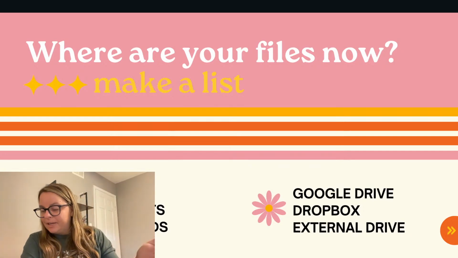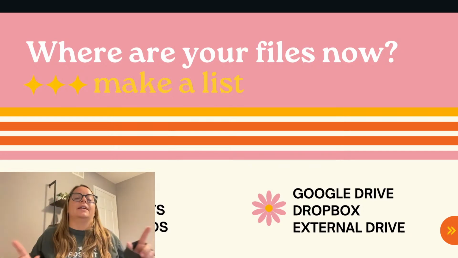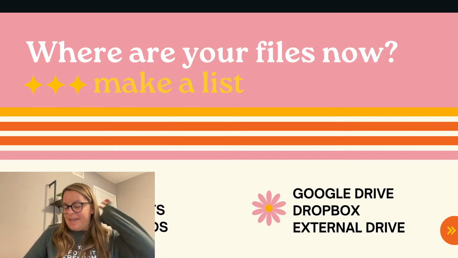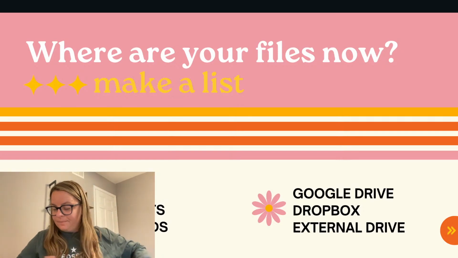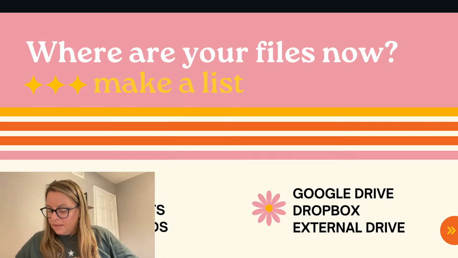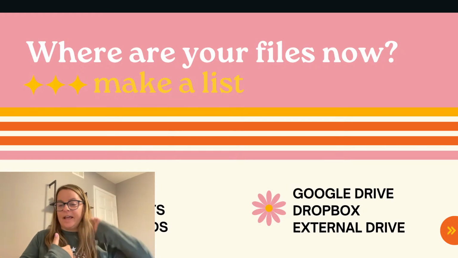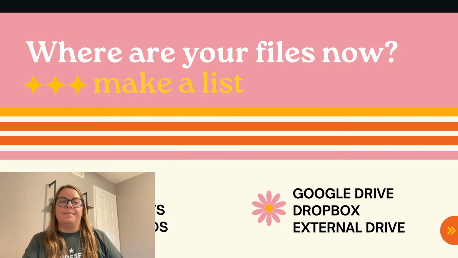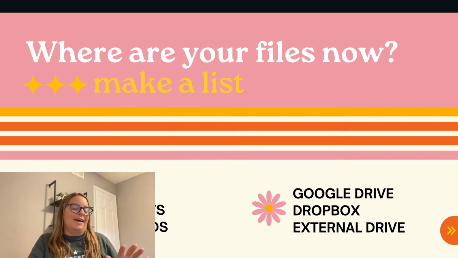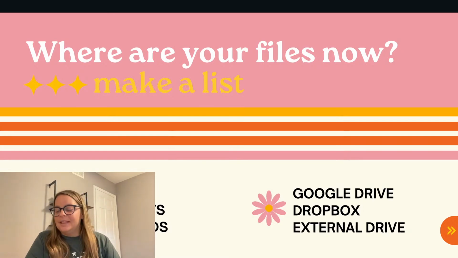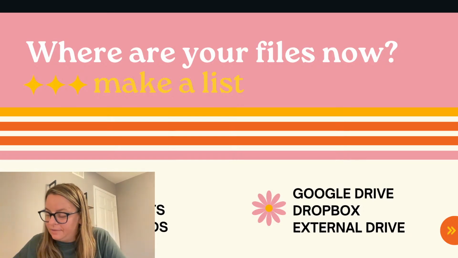Let me know where currently your files are living, because we can't clean them up if we don't know where they are. Most of mine are on an external hard drive, but I have a few things in Google Drive. And then I have a lot of things that I need to organize that are still in my downloads folder that I never actually moved over. Okay, so it looks like external hard drive, tablet.